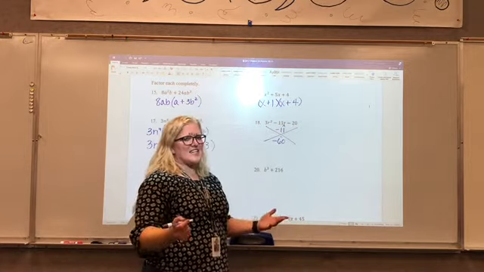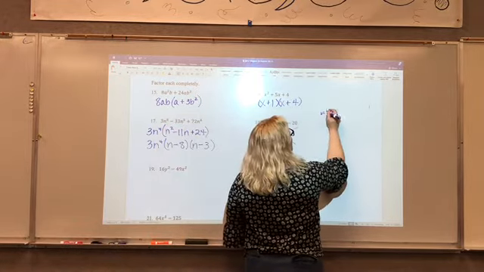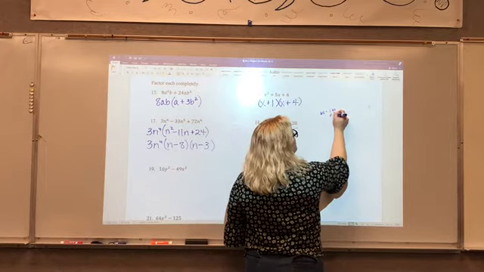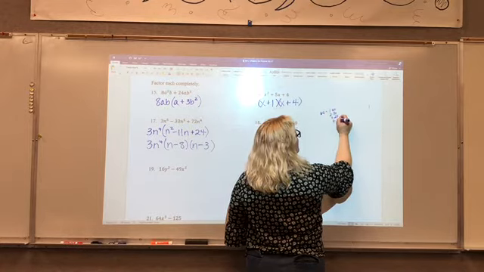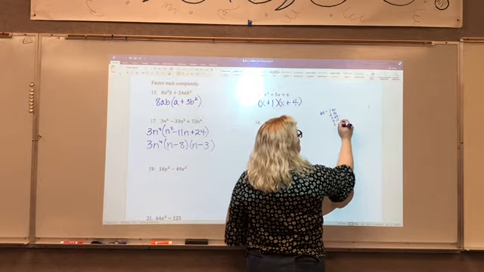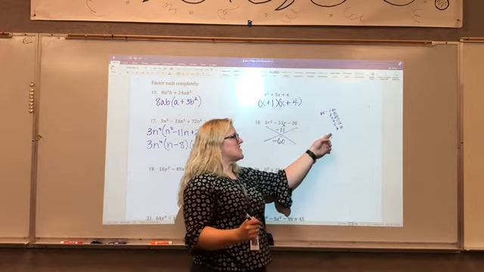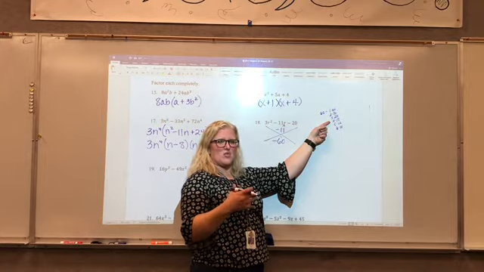Well, 60 has a lot of factors. So it can be 1 times 60, 2 times 30, 3 times 20, 4 times 15, 5 times 12, or 6 times 10. So when I'm looking at these, it looks like the 4 and the 15 is the thing that's going to get me to 11, right?